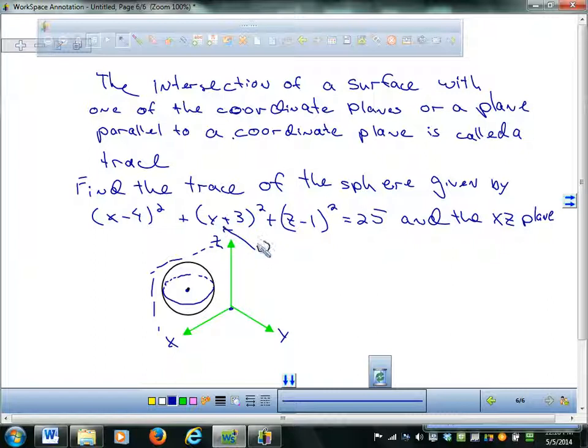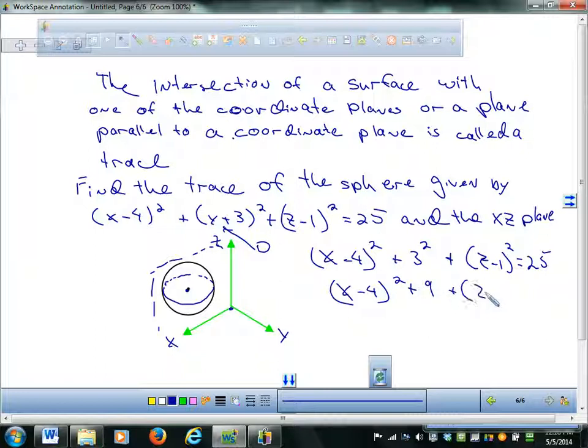So the way I can figure out what that is, is by plugging in 0 for y, you see? And then you get x minus 4 squared plus 3 squared, right? Because 0 plus 3 makes 3. Plus z minus 1 squared equals 25. And you do some math, which gives you x minus 4 squared plus 9 plus z minus 1 squared.